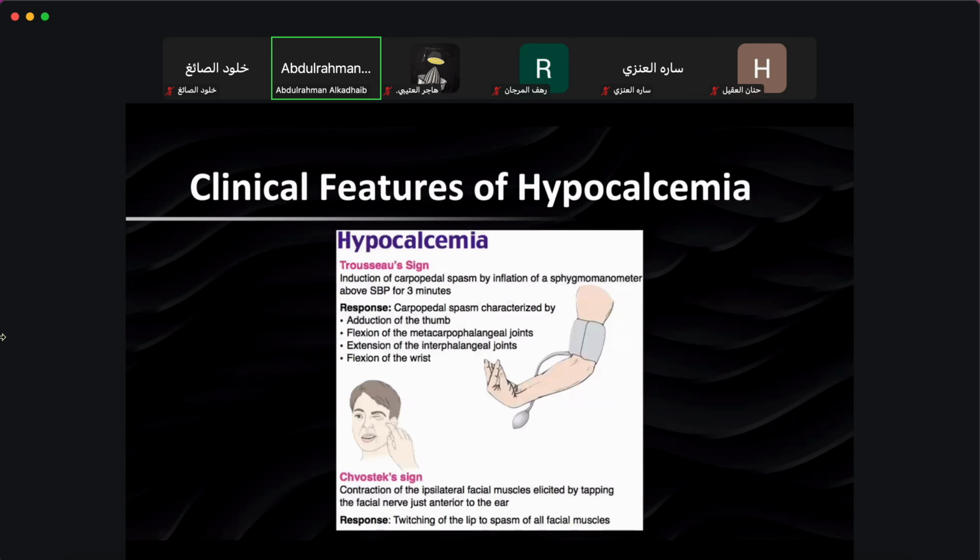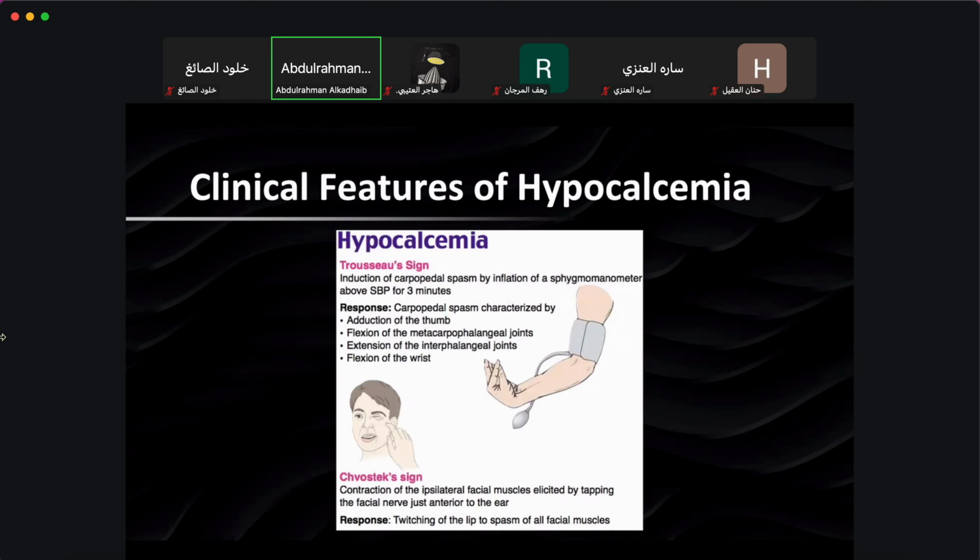Hypocalcemia may cause two main signs, which are called the Trousseau sign and Chvostek sign. Basically, the Trousseau sign, we can observe it by just inflating a blood pressure cuff, and this will cause contraction of the carpopedal muscles, or contraction of the fingers in the same limb.